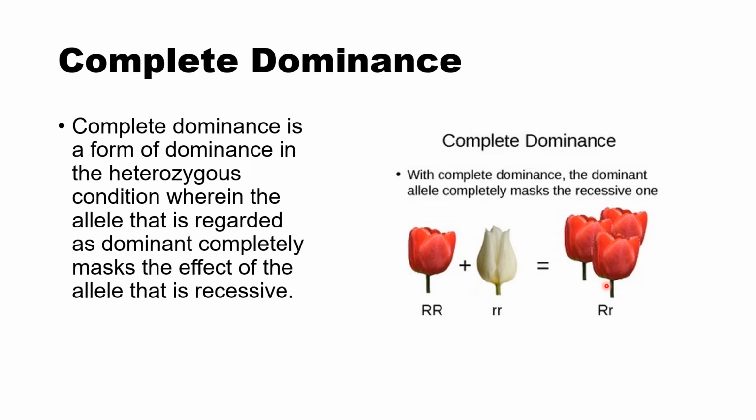Pero, yung nakikita mo pa rin is yung dominant na allele, yung trait na dinidictate ng dominant na allele, which is red. So, yun lang yung simple definition ng complete dominance. As the name implies, it will dominate the recessive allele. Kung ano, basta laging tatandaan, inuulit ko kung ano yung dinidictate na trait ng dominant allele in a complete dominance, yun yung lalabas, yun yung makikita mo.